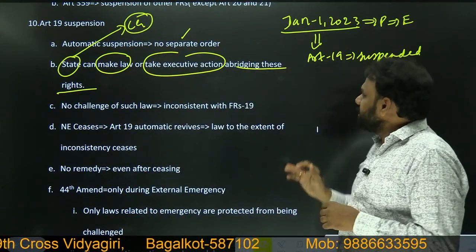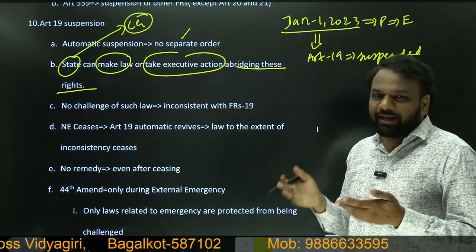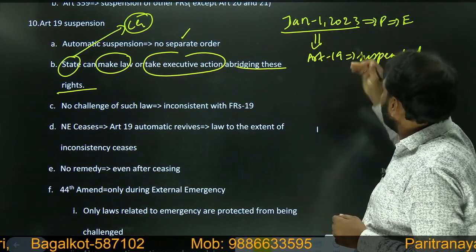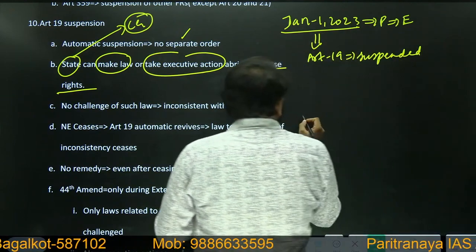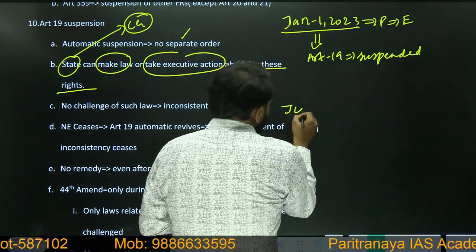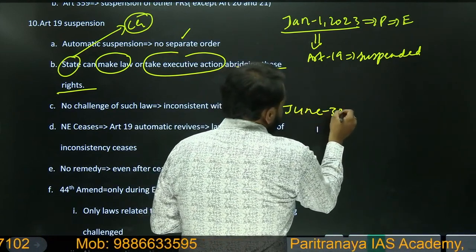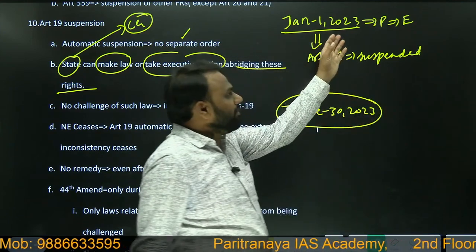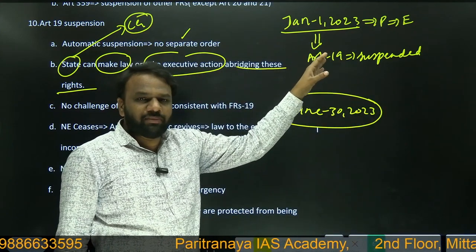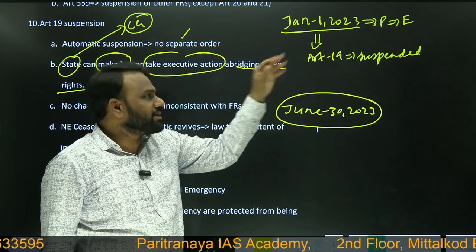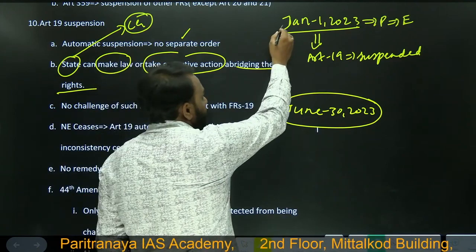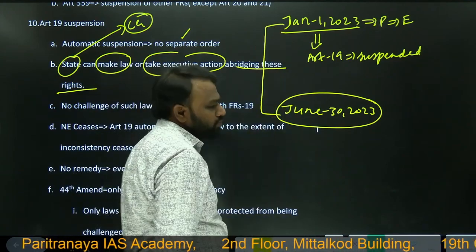So during emergency, when Article 19 gets automatically suspended, let us assume it lasts for 6 months, till June 30, 2023. In the meantime, we assume that Lok Sabha and Rajya Sabha have approved the emergency. So Article 19 will remain suspended from January 1 to June 30, 2023.